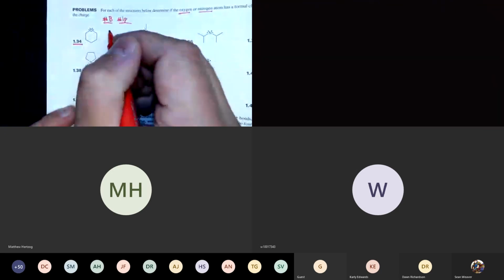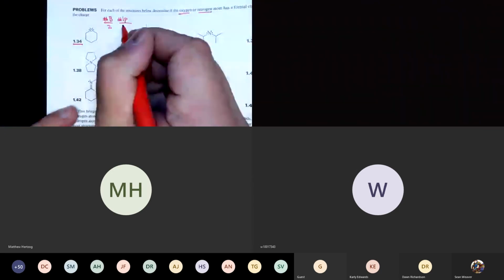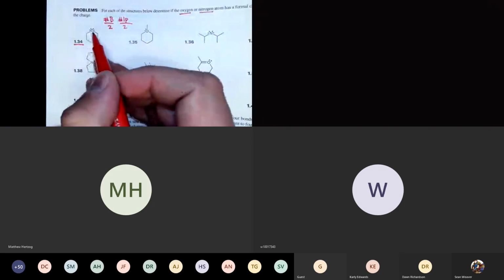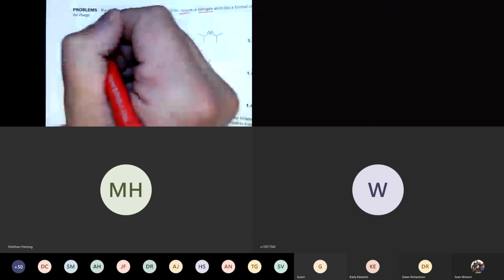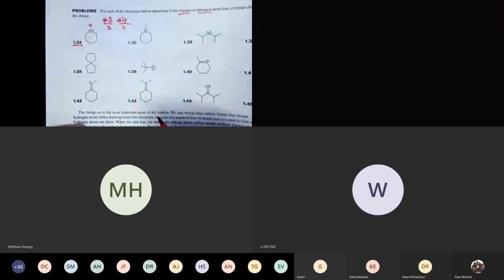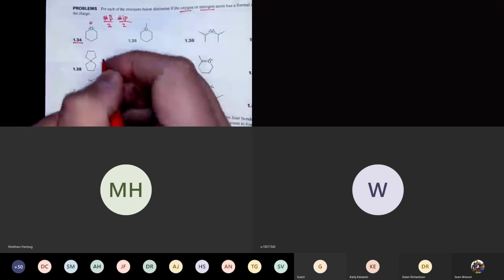For oxygen, it's normally 2 bonds, 2 lone pairs. So if we look just visually, we have 1 bond, 2 bond, 2 lone pairs. The charge on this oxygen is 0. But how can we calculate that?